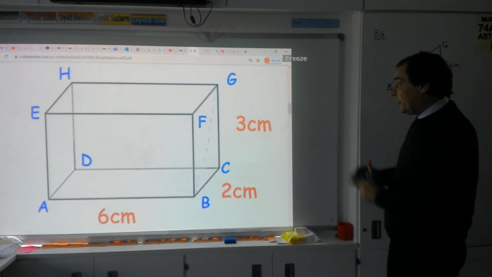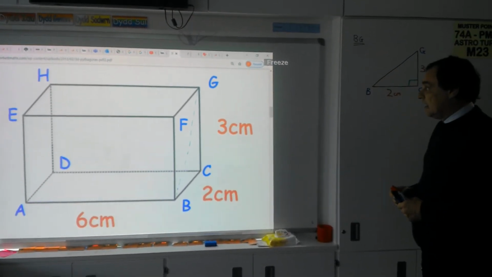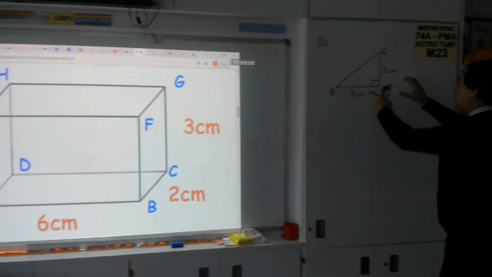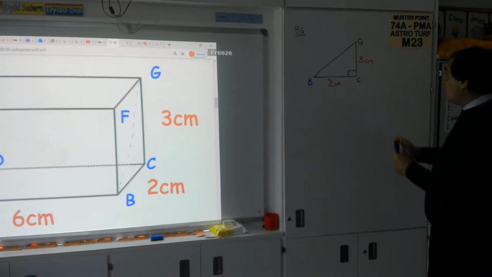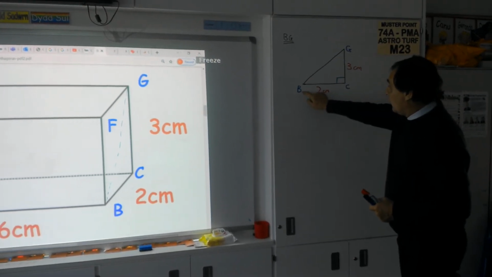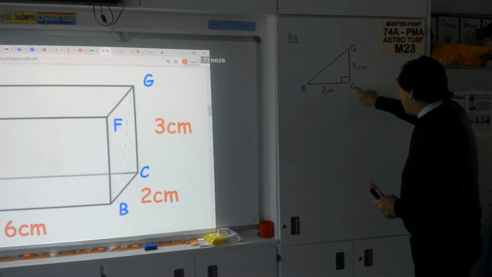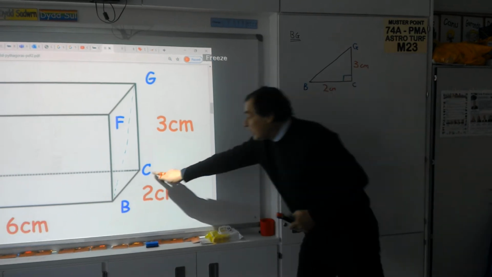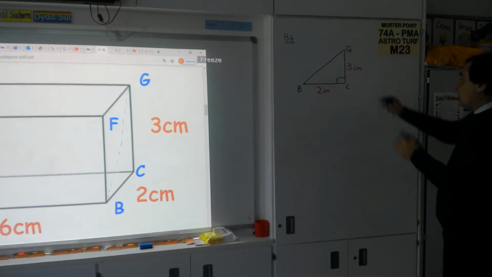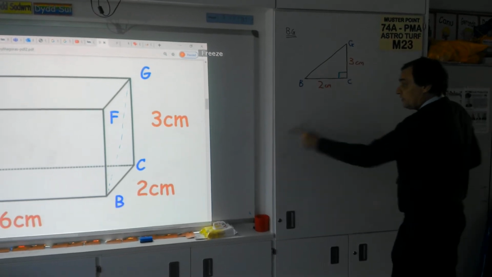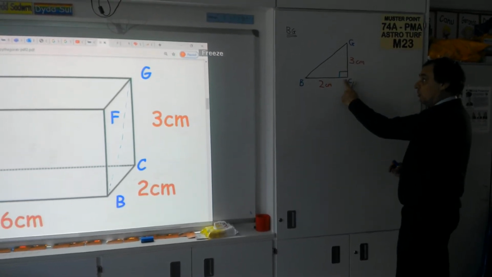Now the art of working out the 3D Pythagoras is to actually translate your shape into a 2D shape. So if I'm working out BG, I've got B and G there obviously, and then we've got C, because C is the third letter that makes a triangle. So using Pythagoras, a right angle is formed because it's the face of the cuboid.